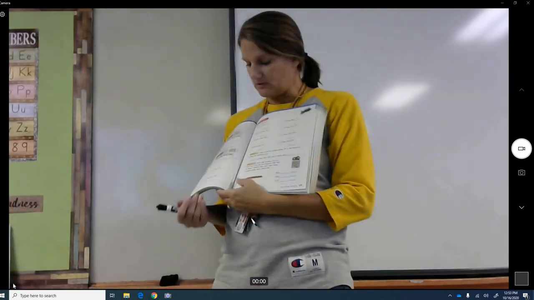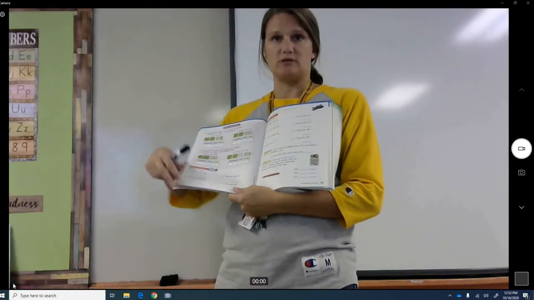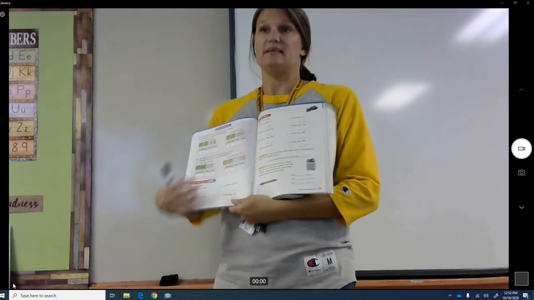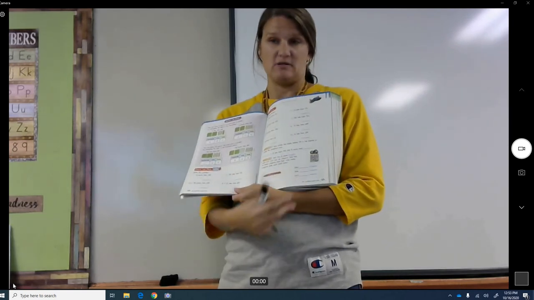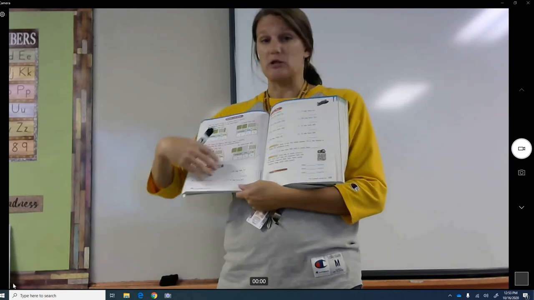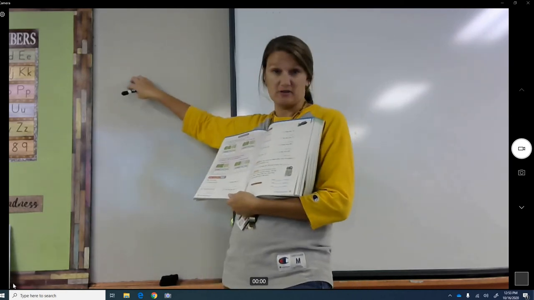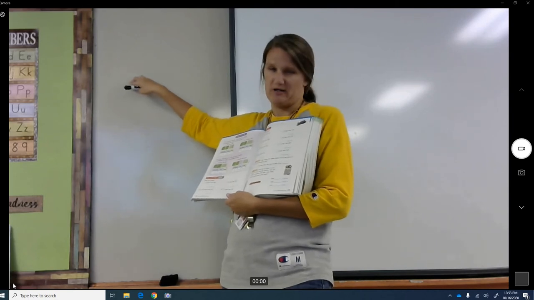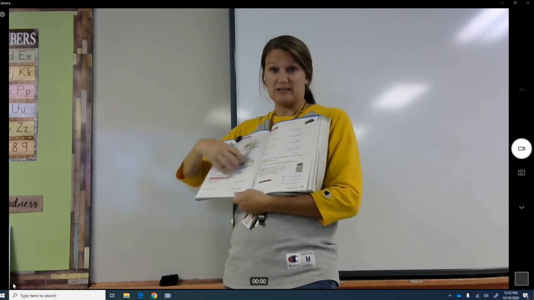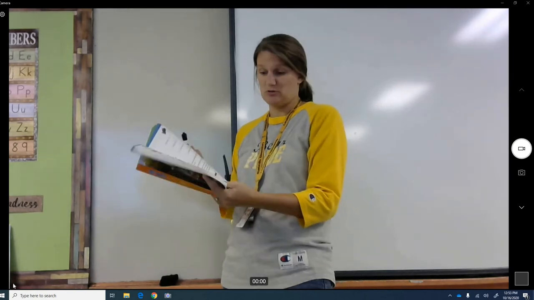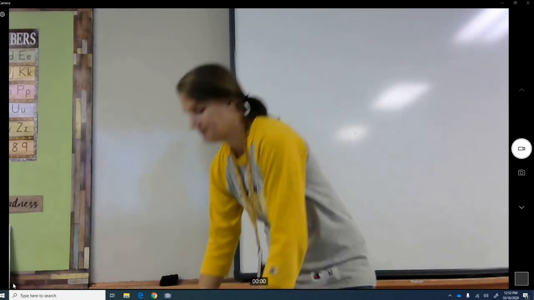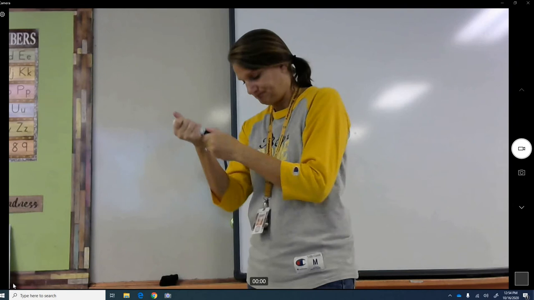And the pages I'm going to be looking at today are page 124 and 125. These are the two pages we're going to be looking at. If you want to get your book and kind of follow along with us, that's fine. I'm going to be putting them right on the board, though, for you to see them. So it's okay if you don't have your book. But we're going to be looking at these two pages. So what I'm going to be doing is right on this book right here. I'll set it down there where I can see it.